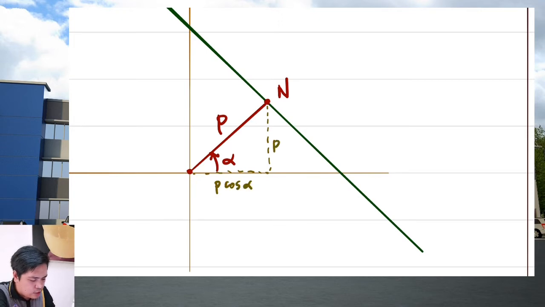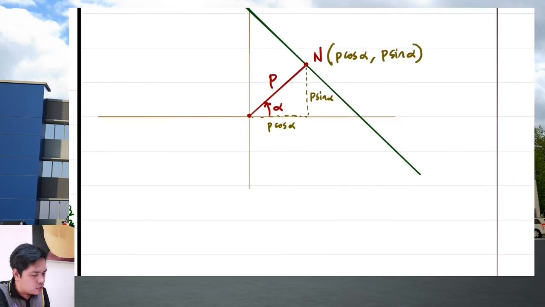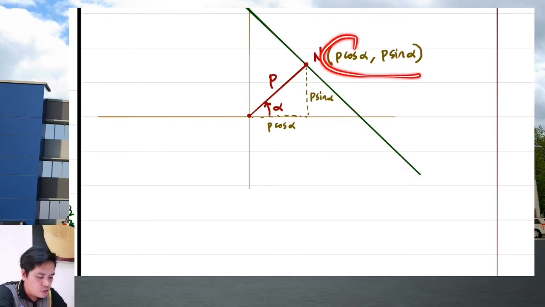This distance is P sine alpha. So therefore, the coordinates here is P cosine alpha, P sine alpha. Okay. Now, since this point is still xy, right? Kasali siya dito sa point. Again, as I've said in the previous examples, all points here are xy. So, ito siya, xy pa rin to siya.